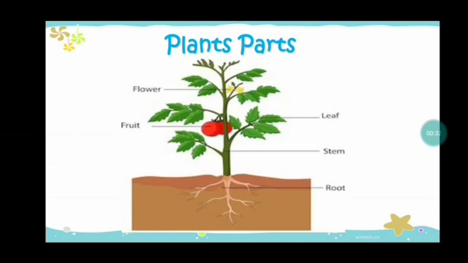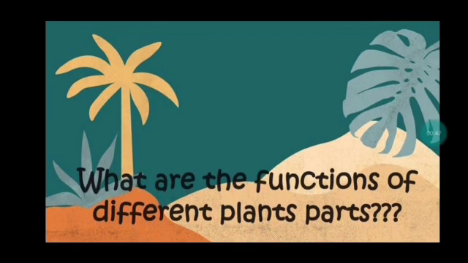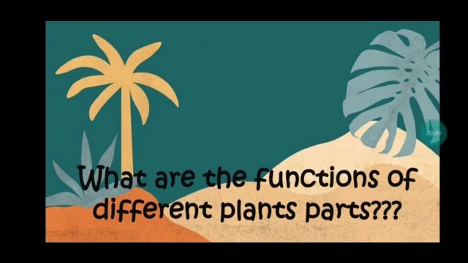The plant's part consists of leaf, stem, root, flower, and fruit. What are the functions of the different plants part? We have discussed the functions of the leaf and stem. So for today we will continue to discuss the root, the flower, and also the fruit.